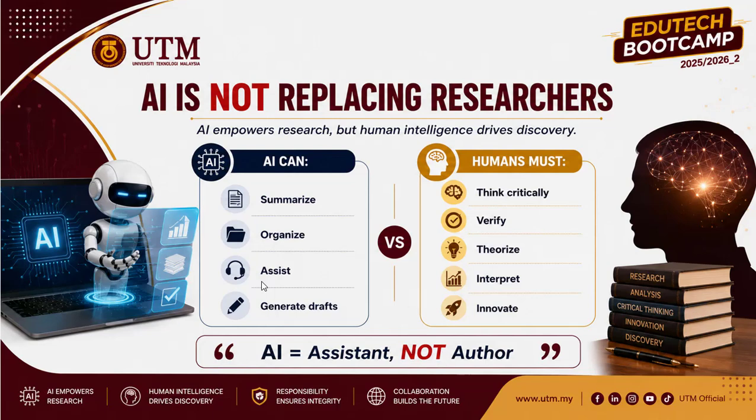It can help us summarize literature, organize the research literature, assist in different sections of paper writing, data analysis, reporting, and developing a theoretical model or extending a theory. It helps us generate drafts as well. So take AI as your personal assistant, not as your co-author.